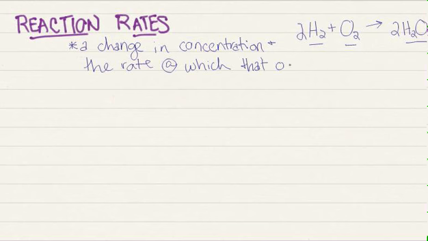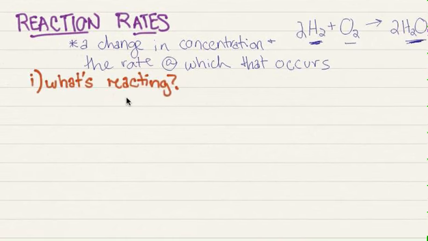So for instance, you could look at the rate at which we are using up our diatomic hydrogen, or you could look at the rate at which we are creating our water, and either one of those would give you the reaction rate. One of the things that you want to be thinking about is, okay, well, what do I have that's actually reacting here, right?